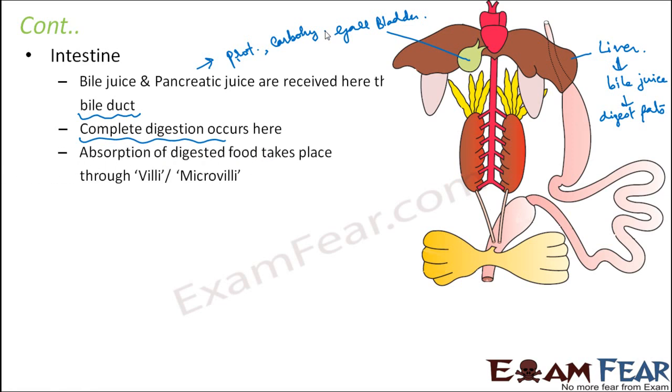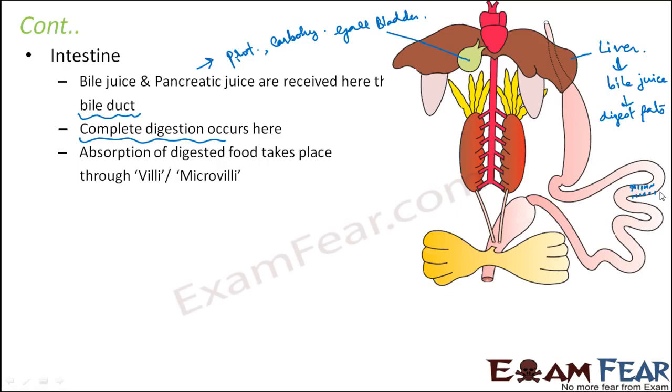Now it is not only digestion which takes place at the intestine, but absorption of the digested food also happens here. So how does the absorption happen? It happens through villi. Villi are small finger-like or thread-like structures present on the inner wall of the intestine. They help to absorb the digested food.